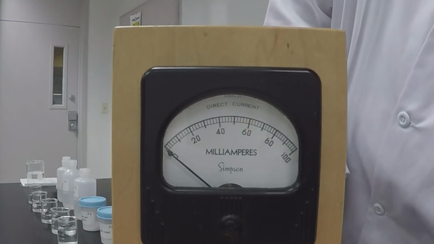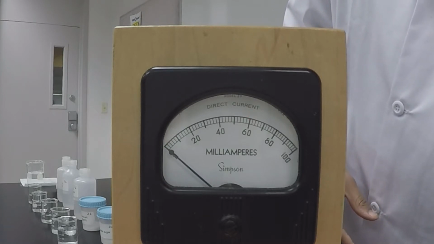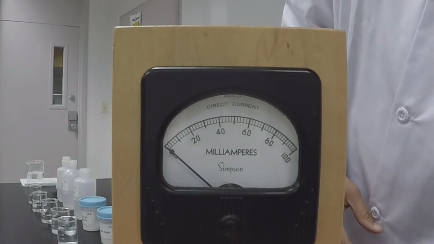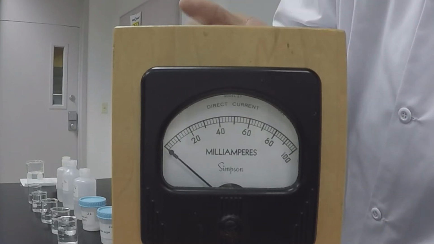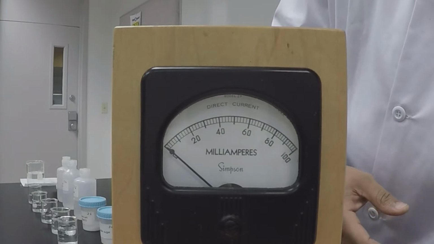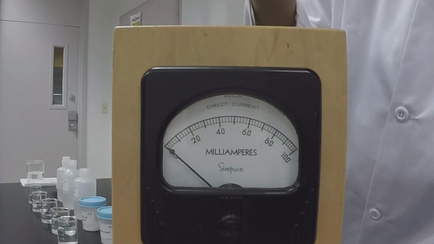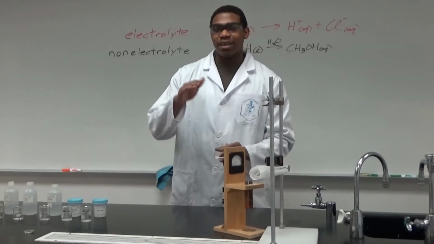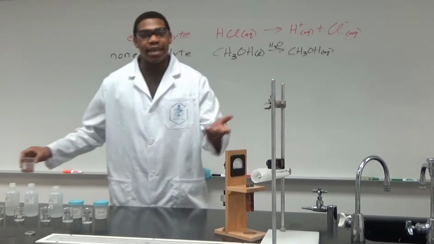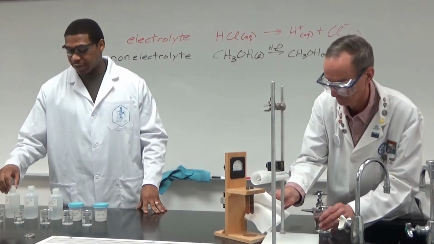Let's run this, and we'll give it a little up and down motion, and you should see the arrow in the meter spike up a little bit. So it's not really conductive, but more than DI water, which is completely non-conductive.